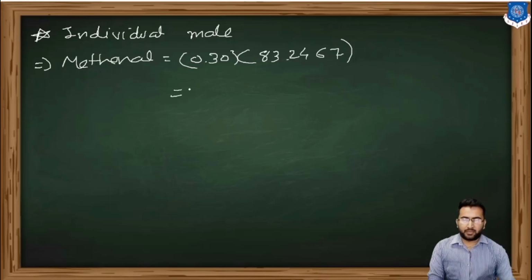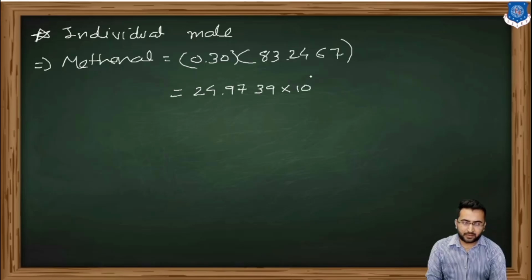If we multiply this, we will get the total number of moles of methanol in the solution, which is 24.9739 multiplied by 10 raised to 3 mole. So this much amount of mole is required to make 2 meter cube of solution for methanol.